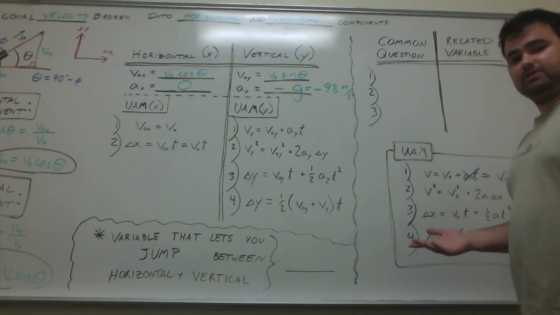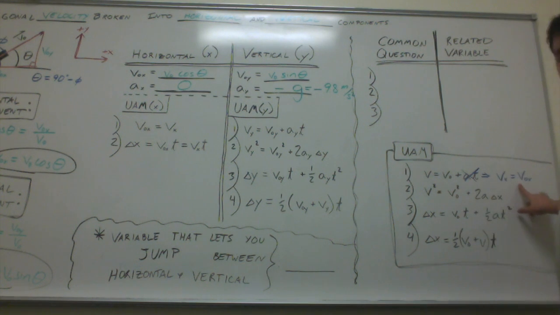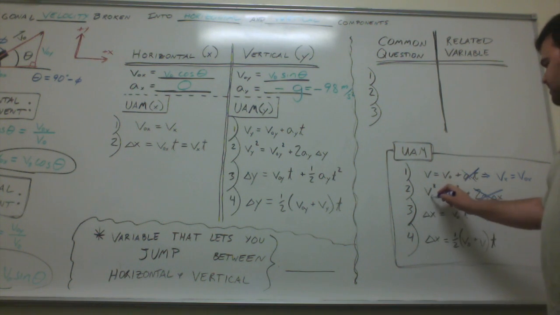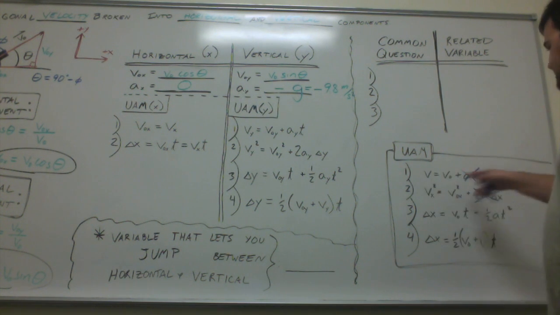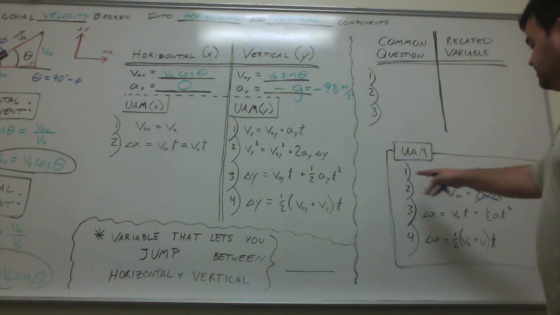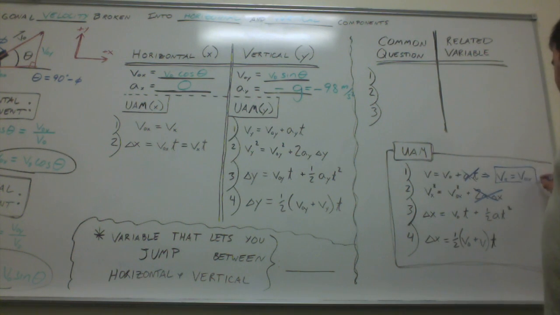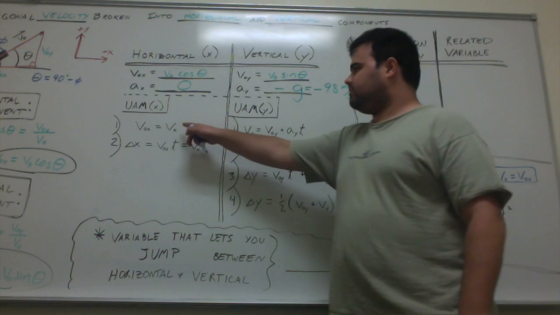If our velocity is not changing, then our initial velocity should equal our velocity anywhere else in the problem. If you do this for the second equation, again this term cancels out because a is 0, and we get vx squared equals v naught x squared, which boils down to exactly what equation 1 says.